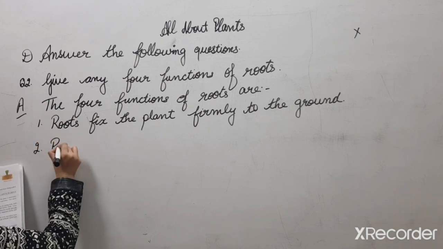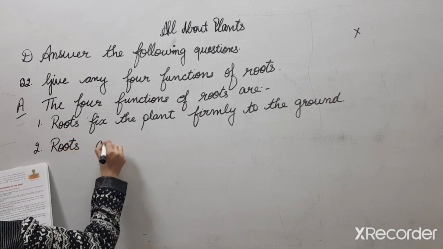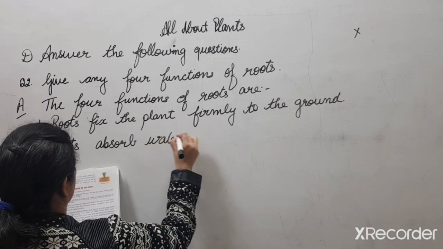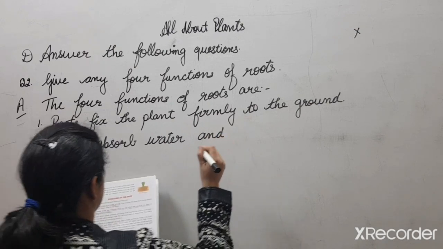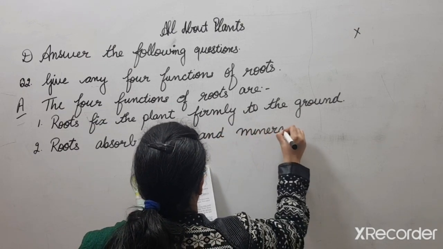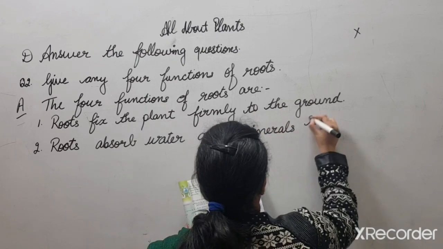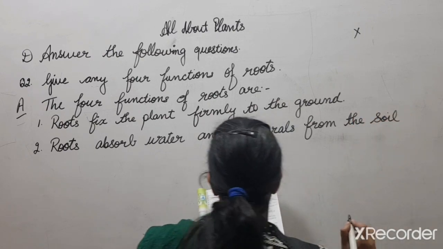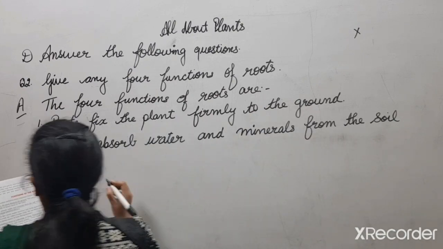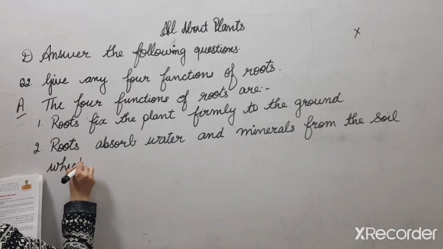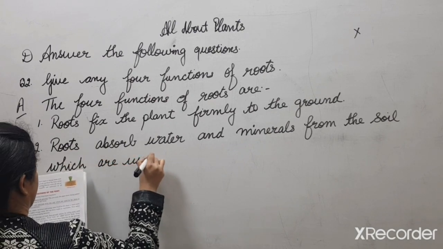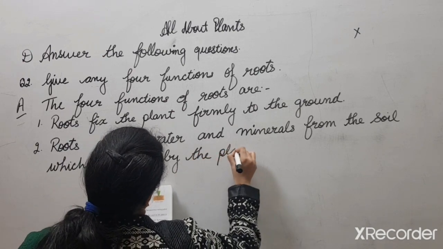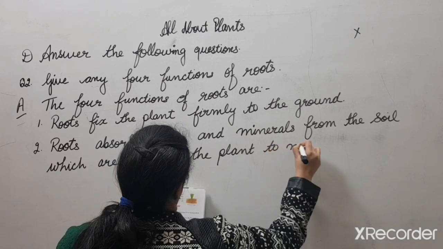Second, roots absorb water and minerals from the soil which are used by the plant to make food.